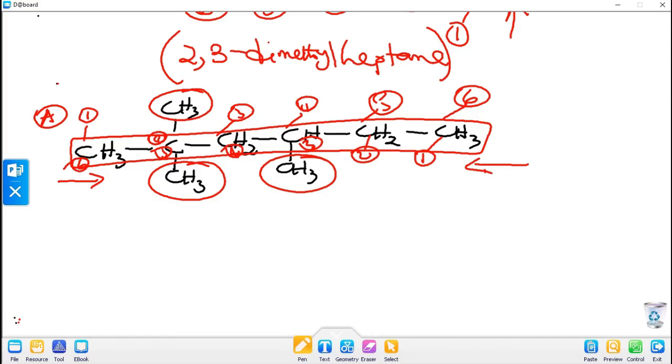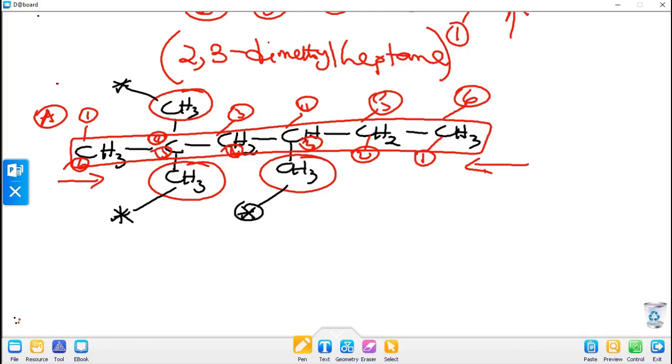So, looking at what we have on the screen, if we go from the left-hand side in doing our numbering, 2 methyls, this one here and this other one here, are both attached to the same carbon atom, and that is the carbon atom at 2. The 3rd methyl is attached to the 4th carbon atom.